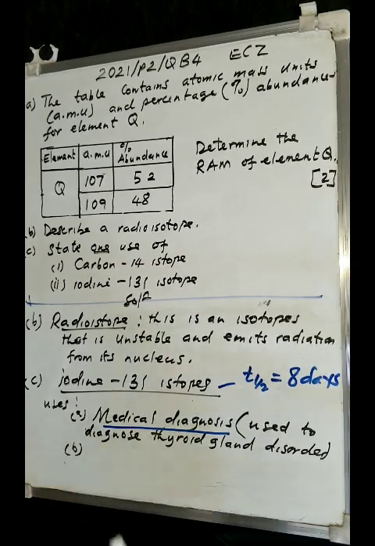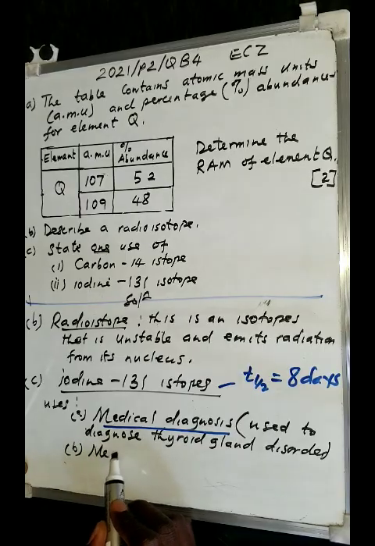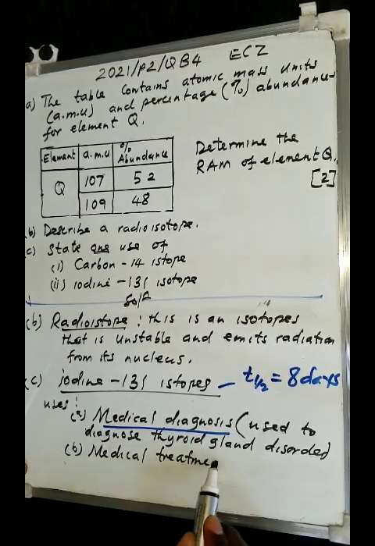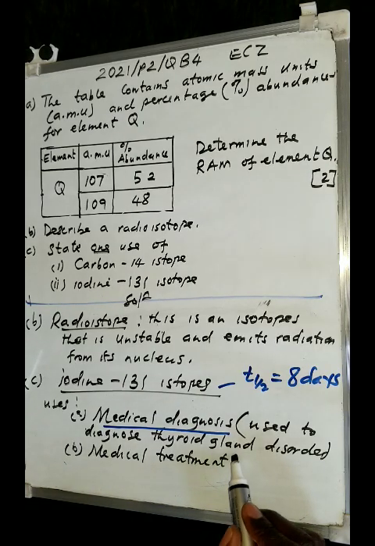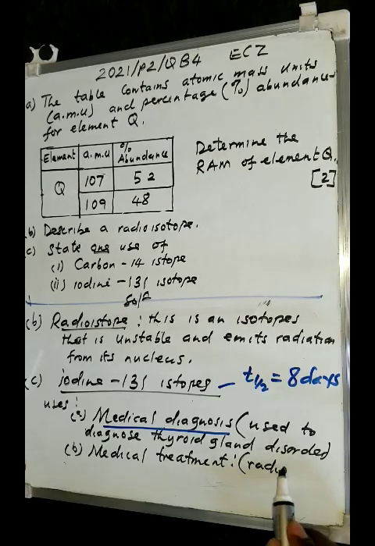Another use is medical treatment. What do I mean by medical treatment? It can be used in radiotherapy, which is used to treat cancer of the thyroid and an overactive thyroid, what we call hyperthyroidism.